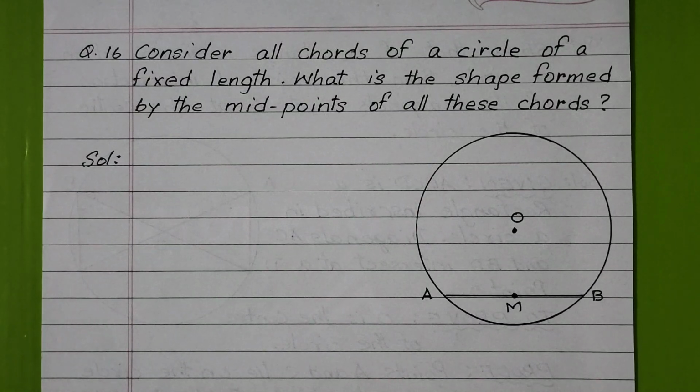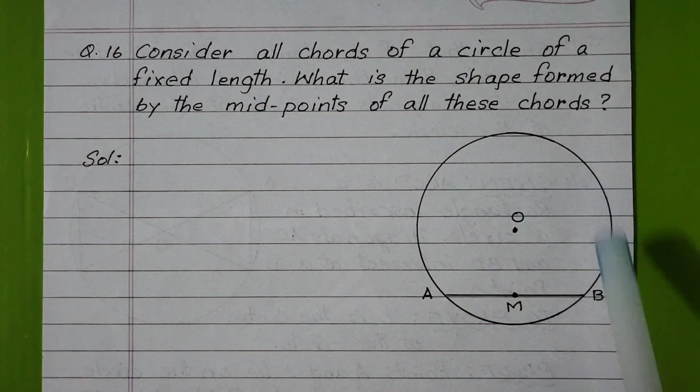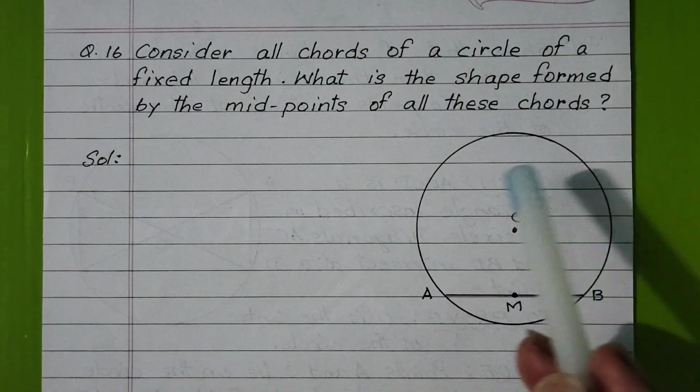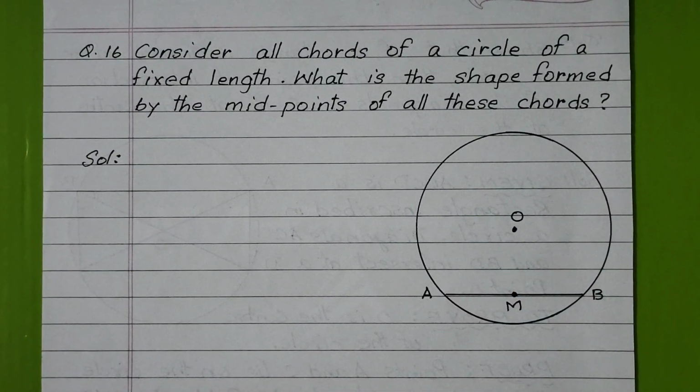When we join the midpoints of all the equal chords of a circle, what is the shape formed? So first, we have drawn a circle here.